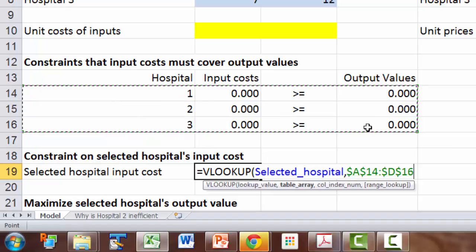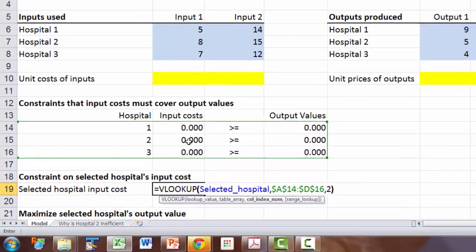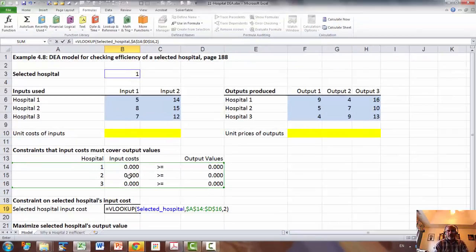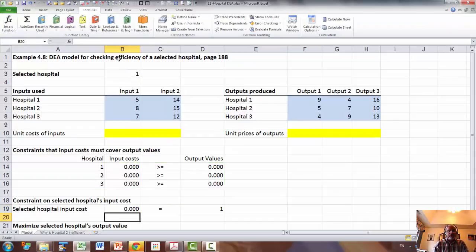Okay, well, let's do an F4 of that. Okay, comma, the input costs are in the second column. Okay, so this way, when you change the selected hospital to 2, then the input of the second hospital will show up here, and so on.